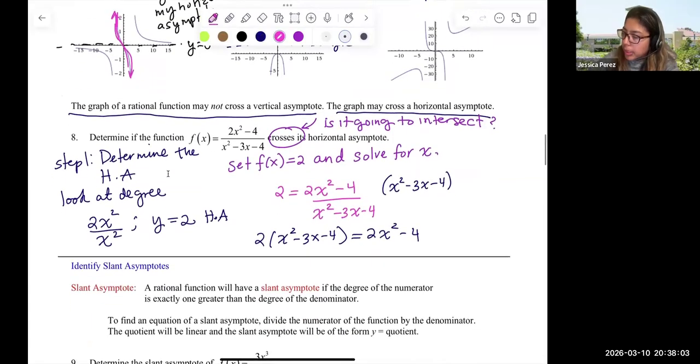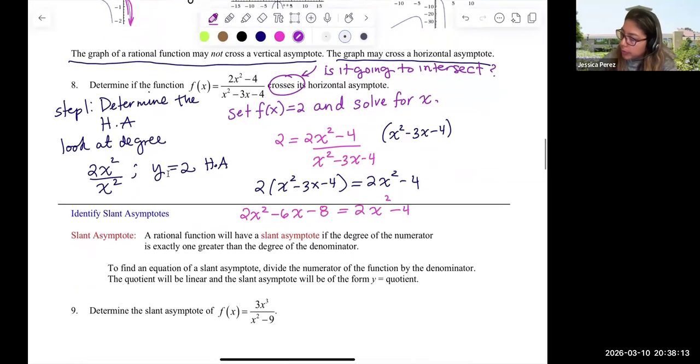We clean it up, we get 2x squared minus 6x minus 8 is equal to 2x squared minus 4. You combine, so your x squared terms will cancel, one on the right, one on the left. You're left with negative 6x minus 8 is equal to negative 4.